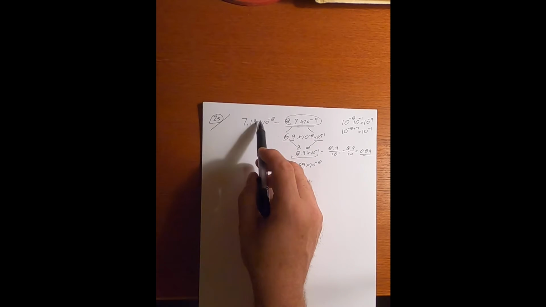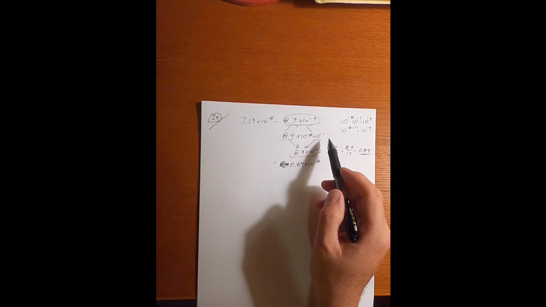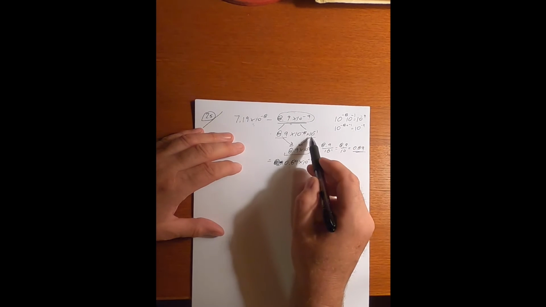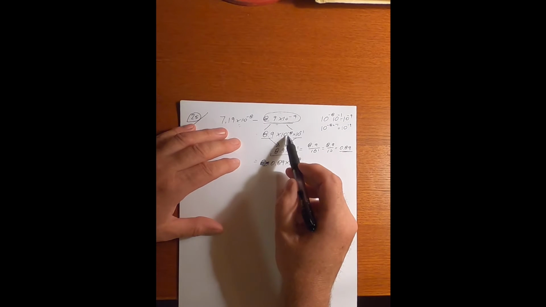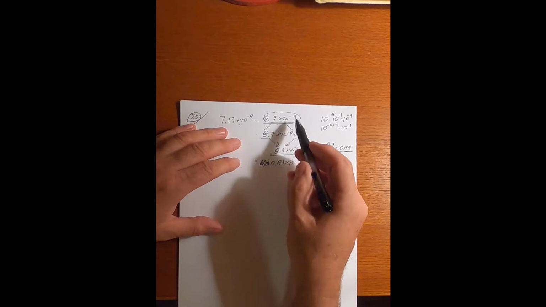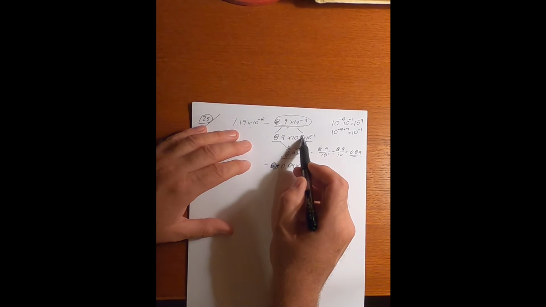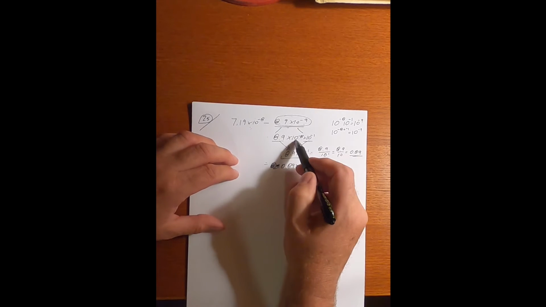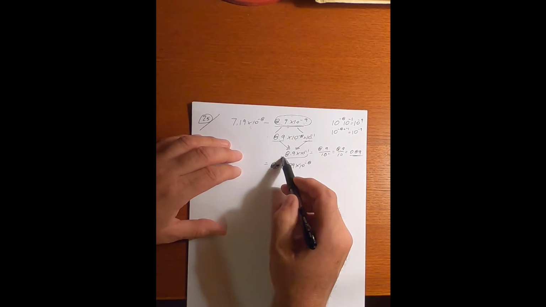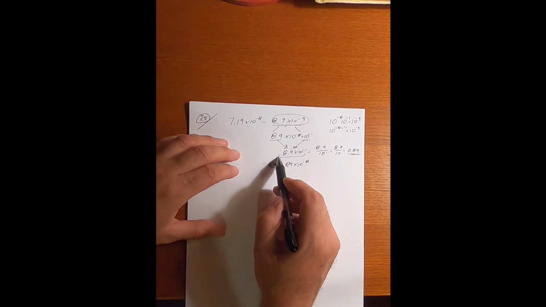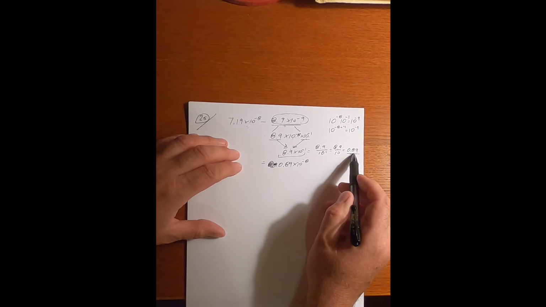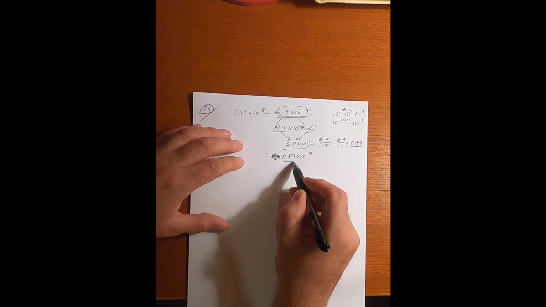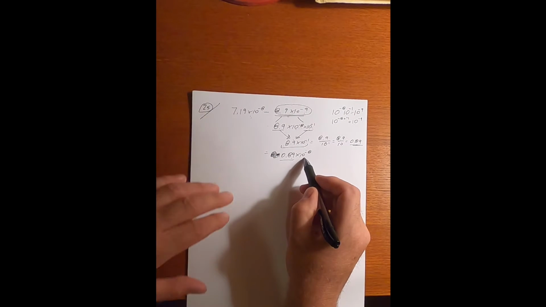I created the 10 to the minus 8, and then asked how to get back to what I had, so I need to multiply by this. I operated on these two and found that together they equal this, and then I multiply by my 10 to the minus 8.